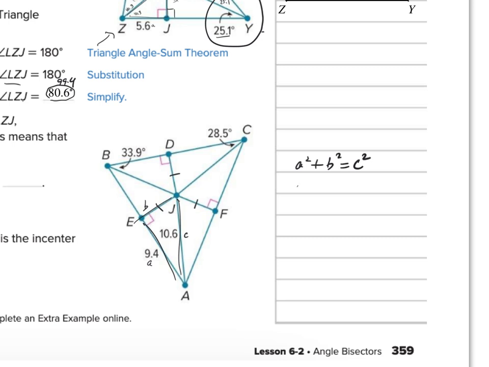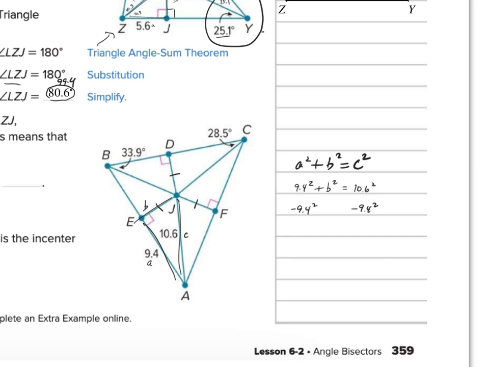A squared would be 9.4 squared plus that thing we're trying to find, B, equals 10.6 squared. I'm going to do my inverse operation, subtracting 9.4 squared from both sides.